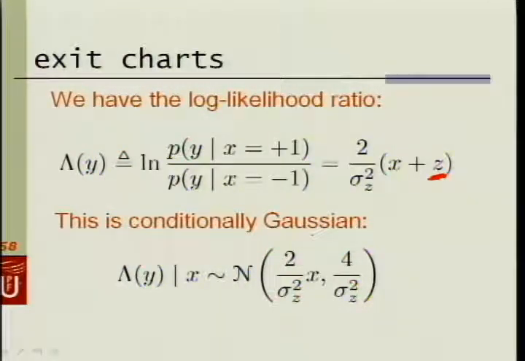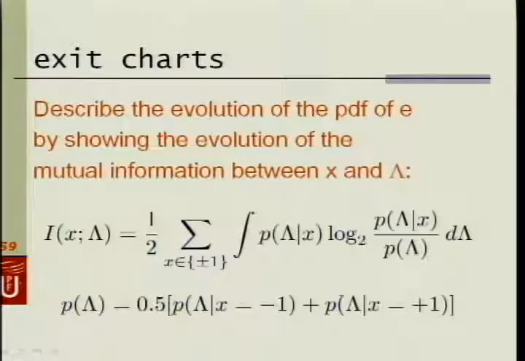So given x, lambda of i is Gaussian, is normal, with mean 2x divided by sigma_z squared, and variance 4 over sigma_z squared. So we see that mean and variance are really linearly related given x. So we can represent the evolution of this density by studying, for example, the mean and the variance.